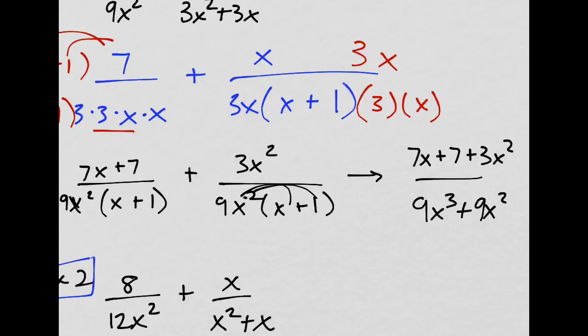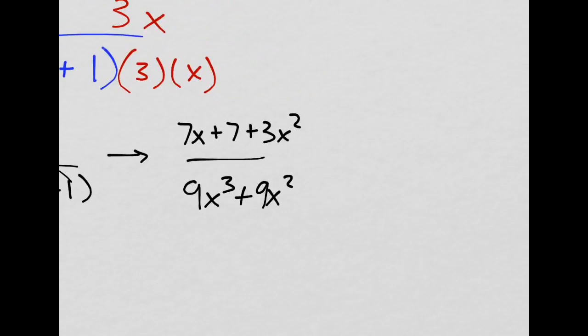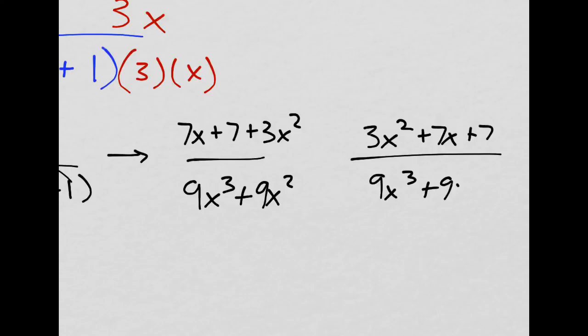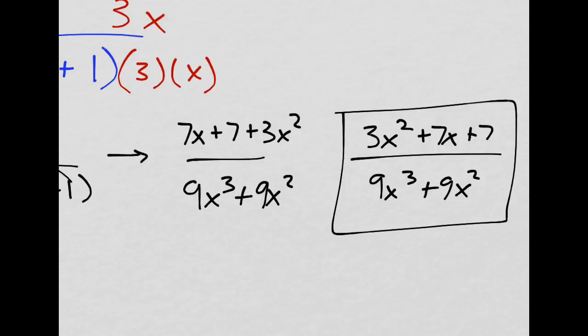So really the only thing to do is to write it in standard form in the top. So that's what I'm going to do. 3x squared first, then a positive 7x, then plus 7. If we did have like terms, we'd combine them. Since we don't, we don't. That's it. That's all. That is the respuesta.